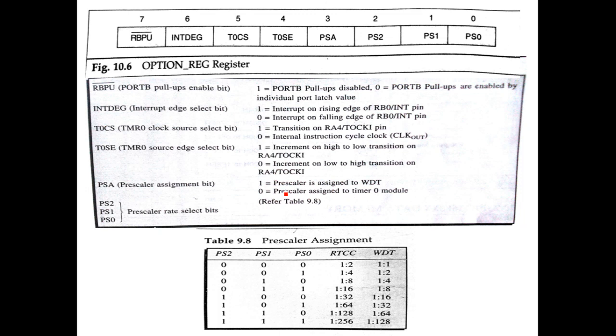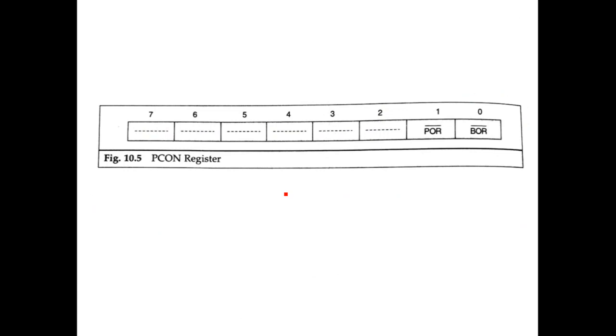The next register which can be called a basic SFR is the power control register. The power control register contains 2 bits. Most of the bits are not used. These 2 bits are used to indicate the different situations under which the reset has occurred. There are different ways in which you can reset your microcontroller.